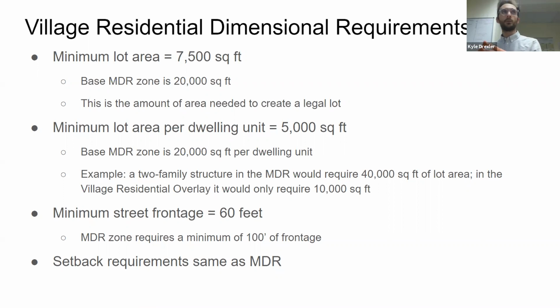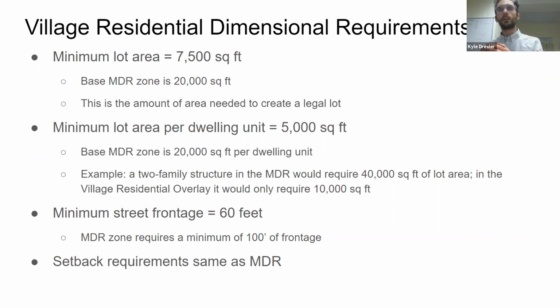So let's say you are interested in a two-family home, like a duplex. The lot area per dwelling unit right now in the MDR is the same as the regular lot area. So you have to basically double the lot size in the MDR currently for a two-family home.